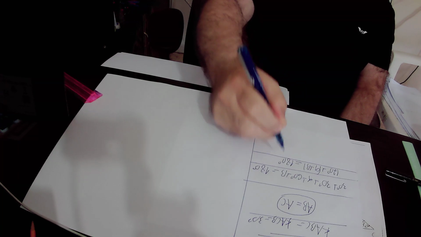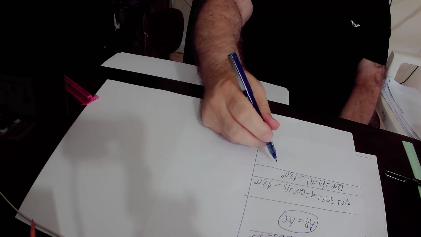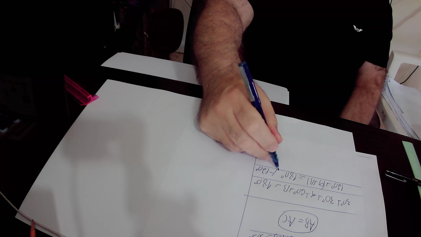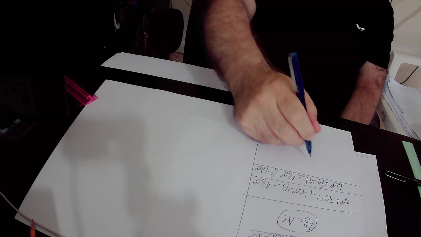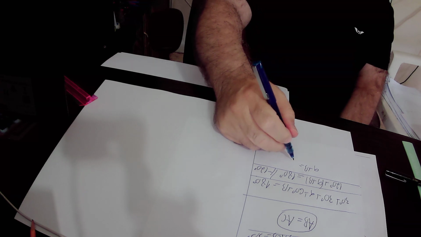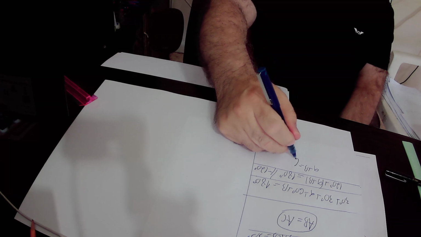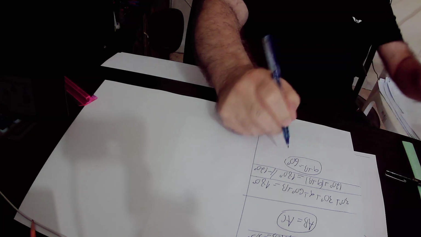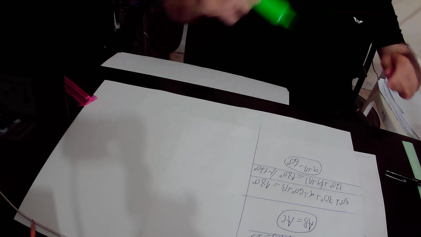So here we will subtract 120 degrees from this equation, and we will get that alpha plus beta equals 180 degrees minus 120 degrees. It is equal to 60 degrees. So we found out that alpha plus beta equals 60 degrees.